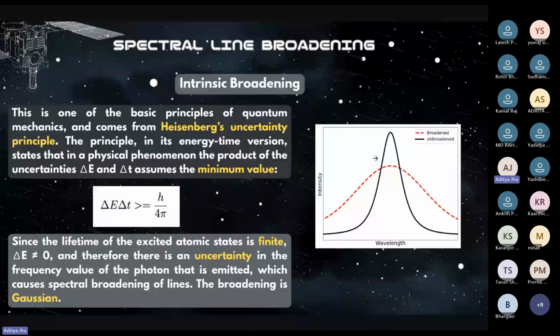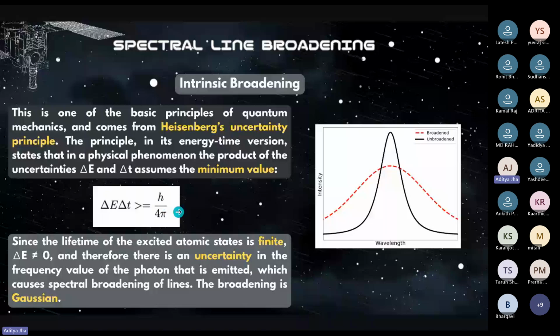One reason is intrinsic broadening, and this comes from quantum mechanics. You don't need to worry too much about how it comes about, but it comes from Heisenberg's uncertainty principle: using the uncertainties in energy and time, their product will be greater than or equal to h by 4 pi, where h is Planck's constant.